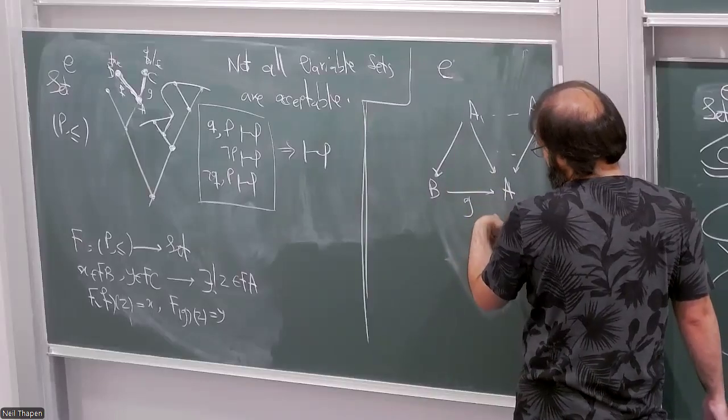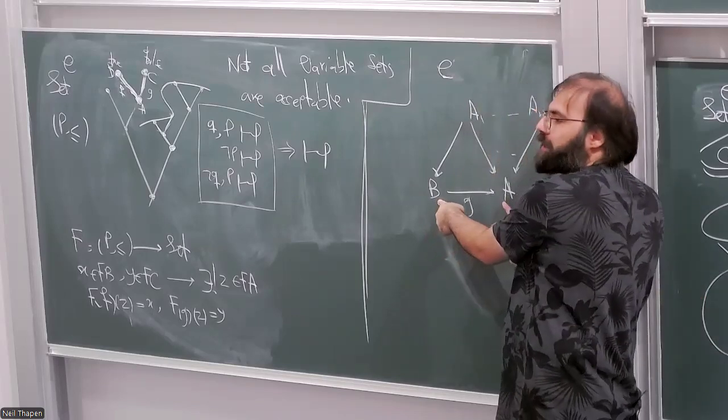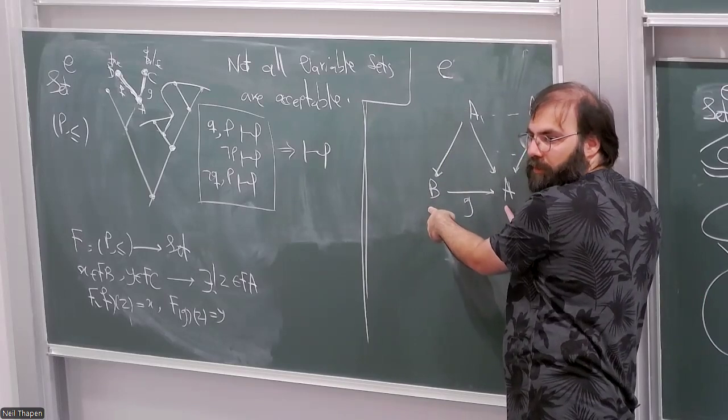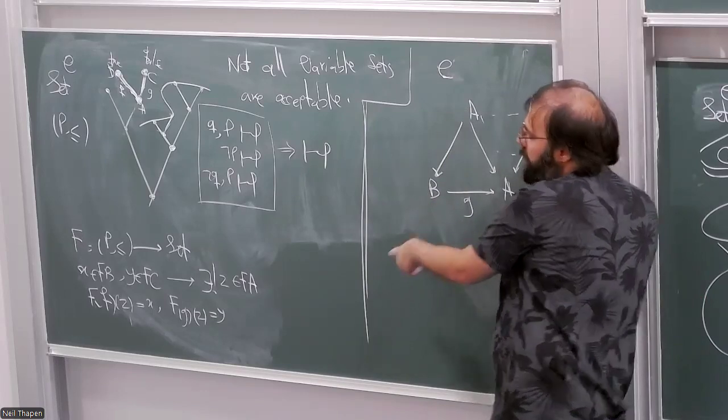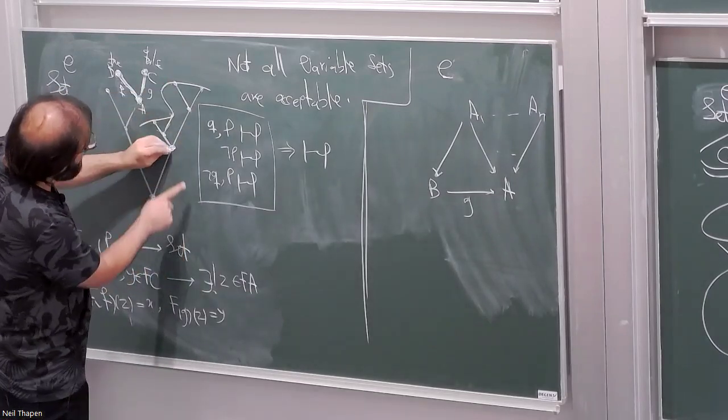So this is another possibility, but it is not some independent possibility. It is actually this possibility, but you forget some information. It's like this, so this is a cover of this.